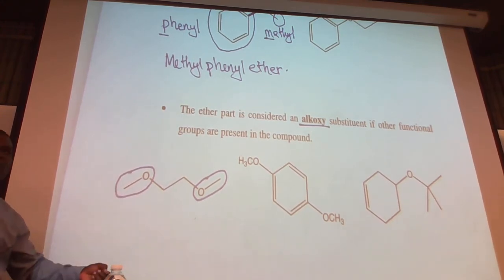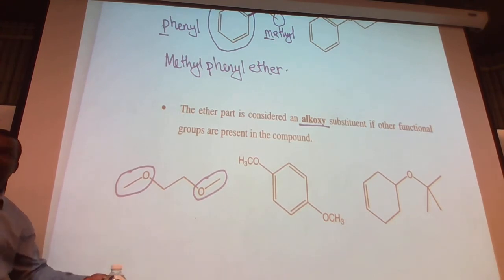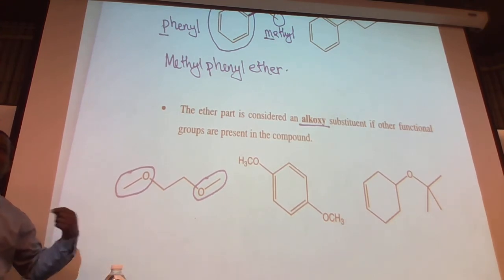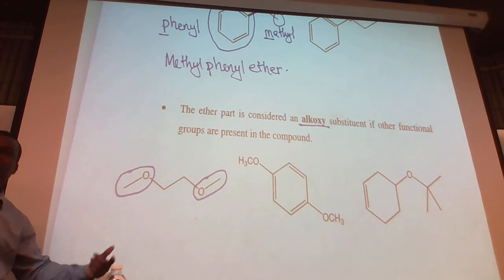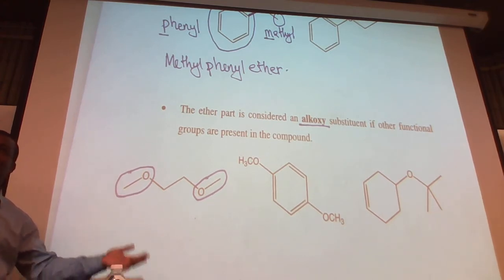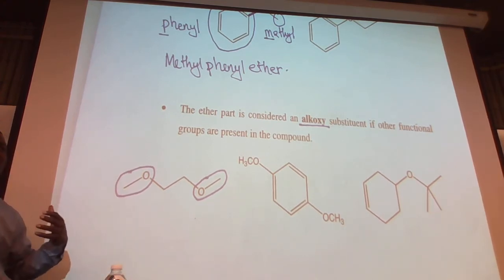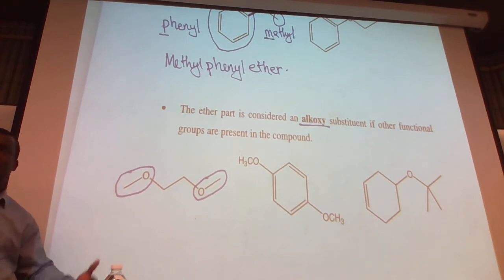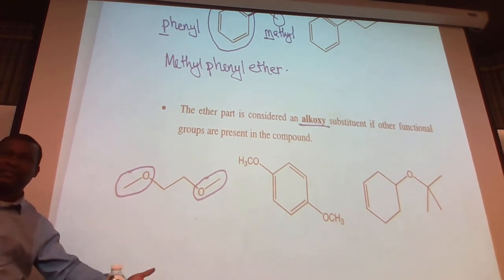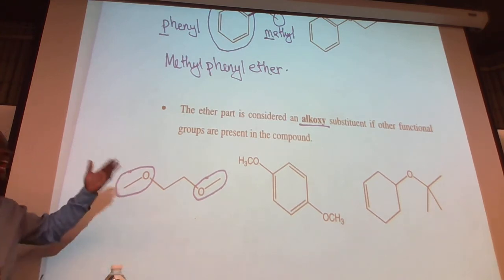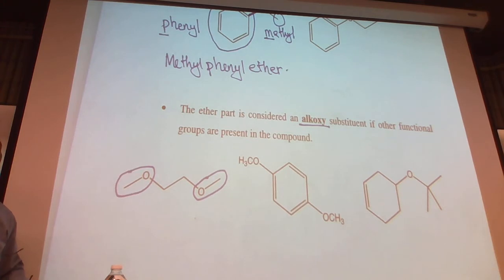If it is two carbons, it's ethoxy from ethane. If it is three carbons, it's propoxy from propane, and so on and so forth. If it is isobutyl on the oxygen, it becomes isobutoxy. So that's why you get the alkoxy in the name. Making sense?